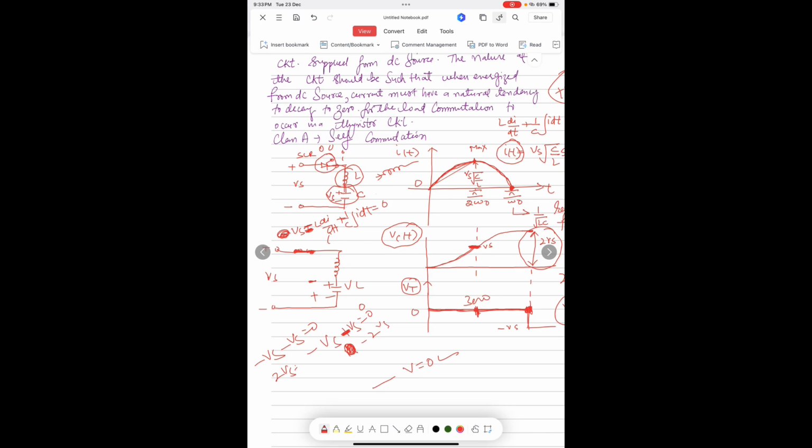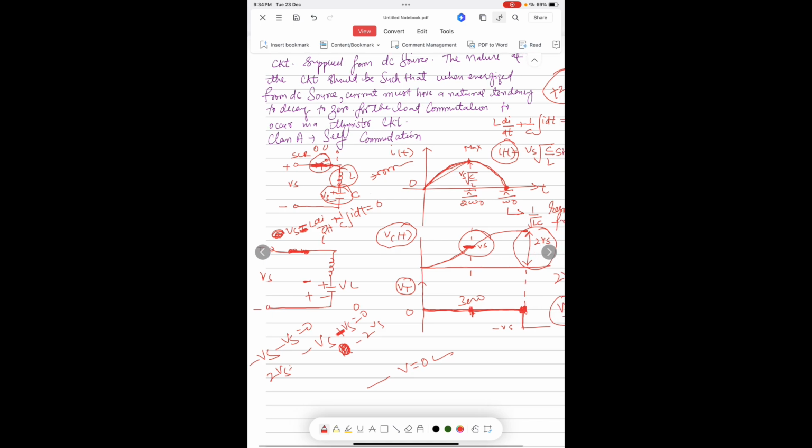Up to a particular point of time, it rises slowly because of the inductor. Then the capacitor charges to the value of Vs. After that, the signal gets underdamped and reaches a value 0. Now the capacitor was already charged, it starts discharging through the inductor and through this SCR and makes this SCR turn off.